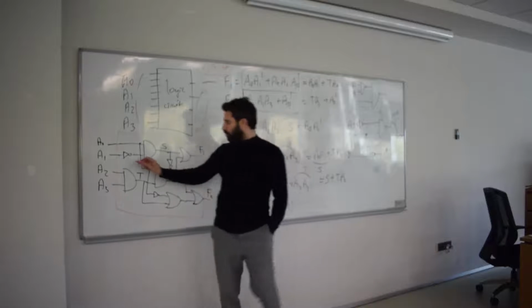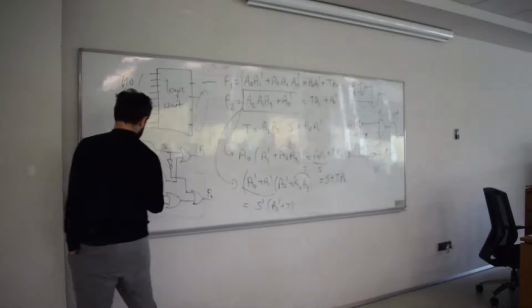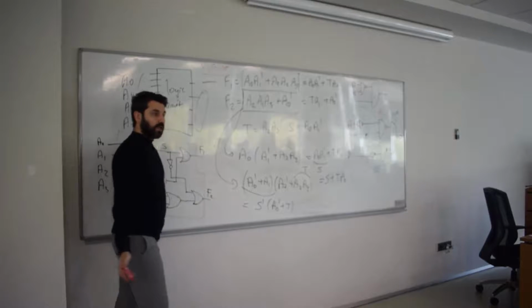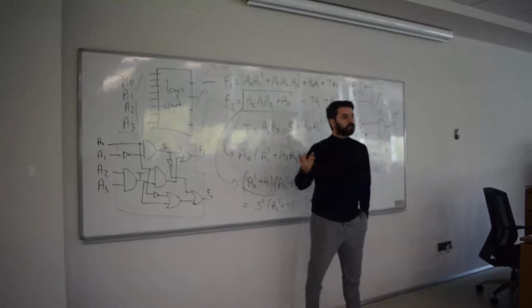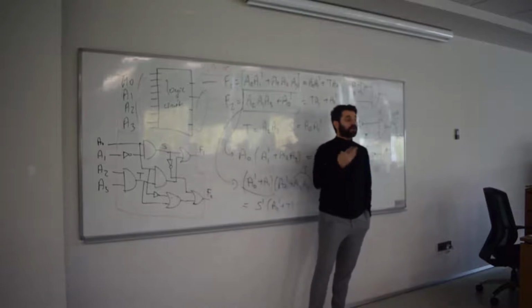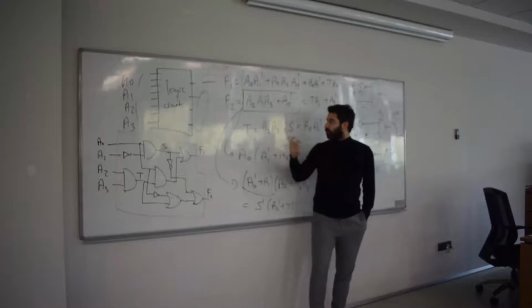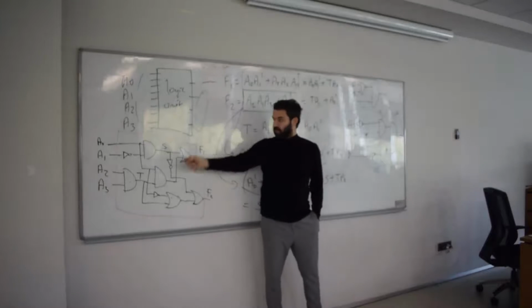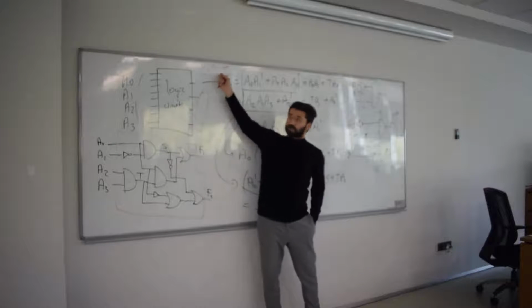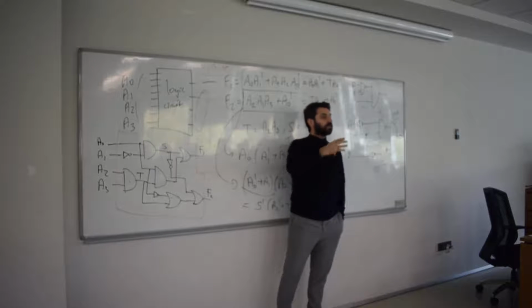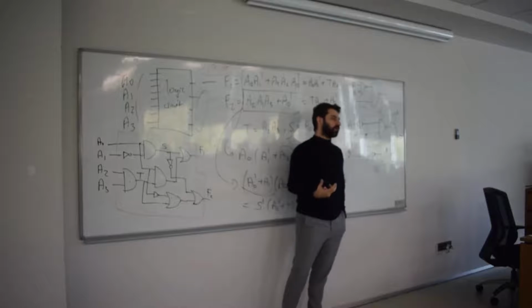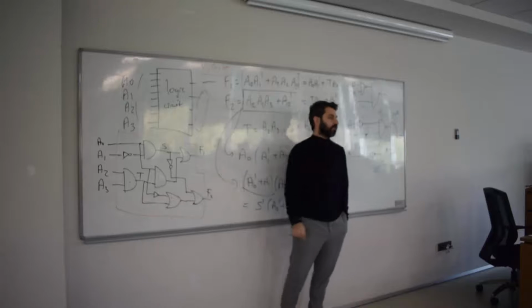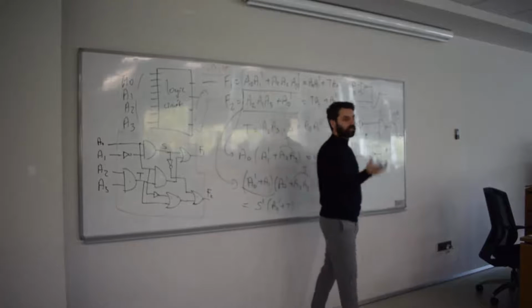Here, for example, I use 1, 2, 3, 4, 5, 6, 7, 8, 9 gates. And if I use NAND gates only, probably I will end up with 13, let's say. So the question is, which one is less complex? In terms of G, Gn, V, probably this would be less complex. But in reality, it's less complex to use the NAND implementation because, as I said before, 13 NAND gates is pretty simple to pack into a chip rather than putting all these AND, OR, NOT gates into a chip.